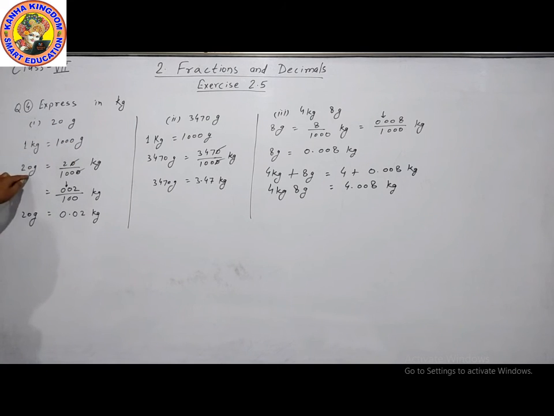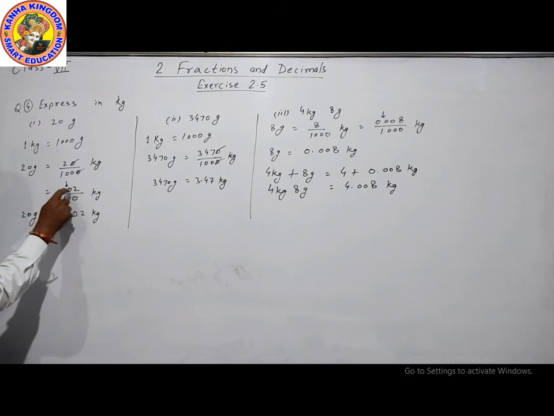Question is 20 gram divided by 1000. 1 0 and 0 will be cut. Now there are 2 zeros, so 2 decimal places will be needed. Then we add zeros at left side of 2. Now 1 and 2, 1 and 2. From here we will add decimal point 1 and 2 here. Here will become a decimal point.